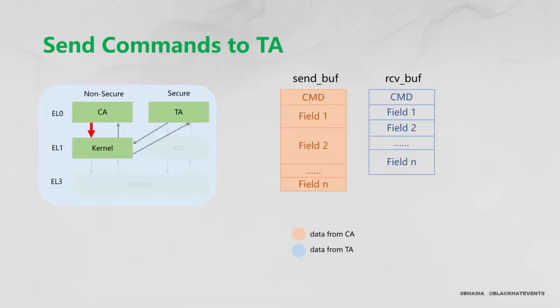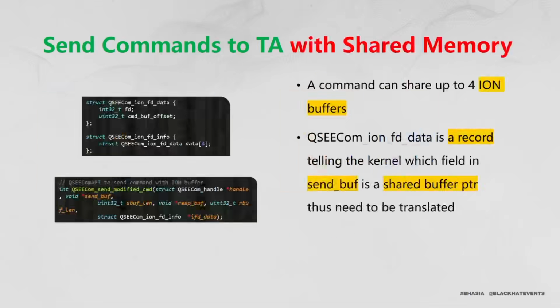When the process is happening, it will call ioctl to the kernel driver, and the kernel will rotate to the TA. After the process, the TA will write the result of this invocation to the receive buffer, and finally the kernel will return the result and the control to the user space. It's very simple and straightforward.